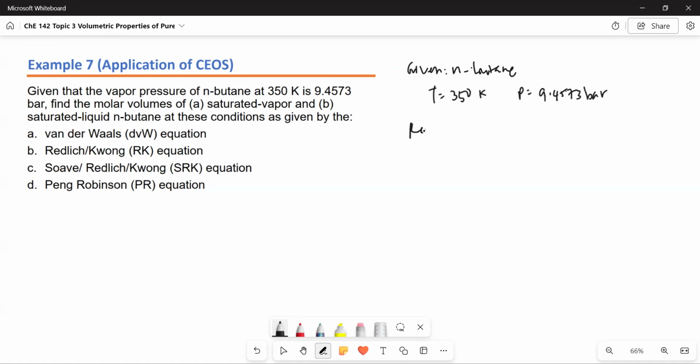And you're being asked for the volume of the liquid-like, let's label that as VL, or let's begin with VV, the vapor-like VV and the liquid-like volume for the different equations of state. So we have vdW, RK, SRK for short, and also PR, Peng-Robinson. Solution.